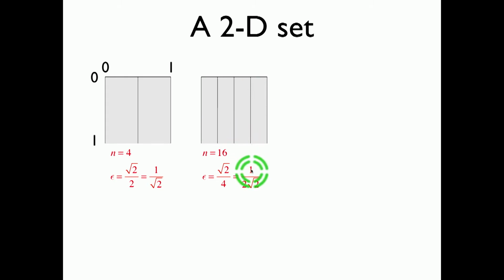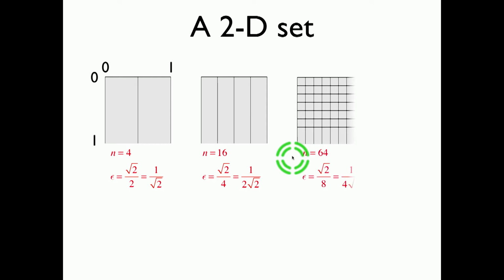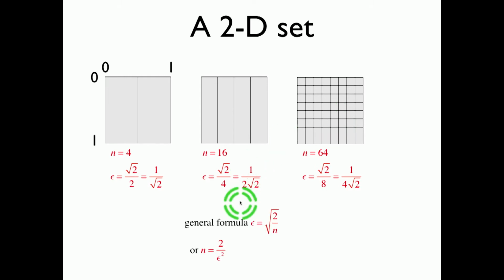Now we have 1 over 2 times square root of 2. If we increase that again to 64, we get 1 over 4 times square root of 2. As you see here, the diameter decreases more slowly because it is two-dimensional. So as a general rule, the number of cells behaves like 2 divided by epsilon squared.